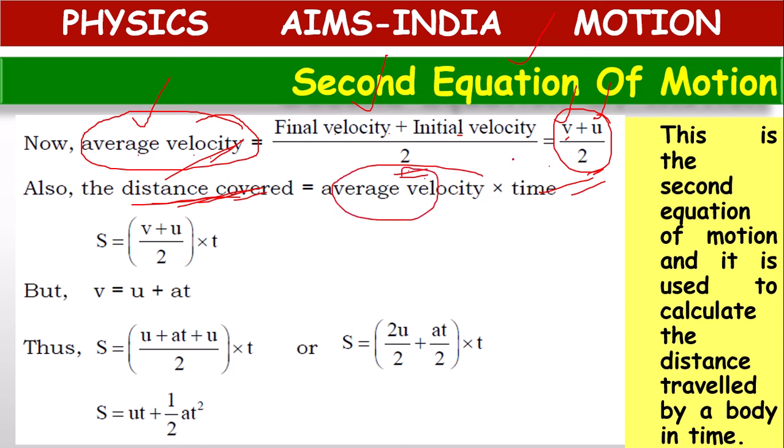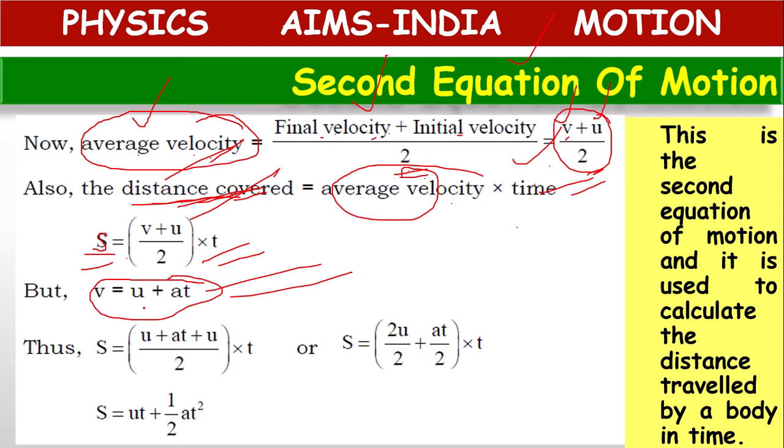Average velocity into time. If the distance covered is s, then s equal to (v plus u) by 2 into t. But from the first equation of motion, we know that v equal to u plus at. So in the place of v, we can substitute this: s equal to (u plus at plus u) by 2 into t.